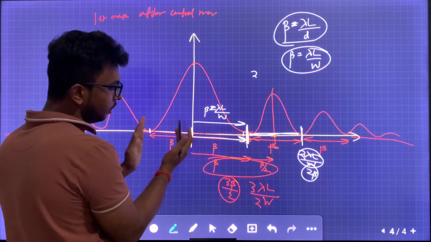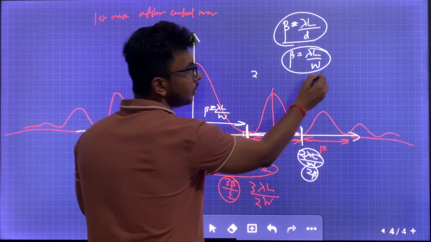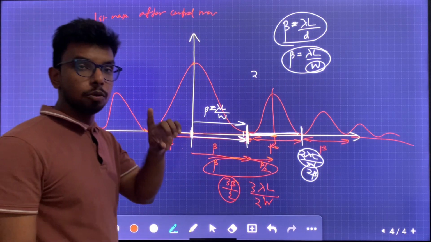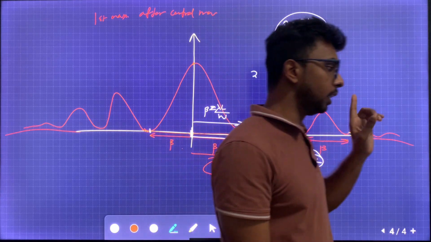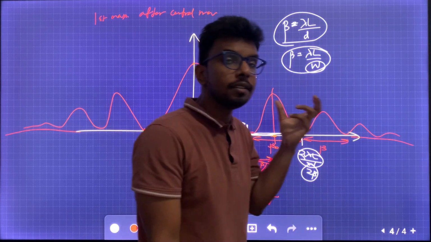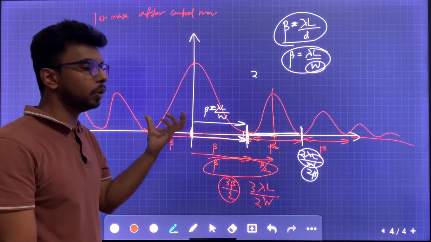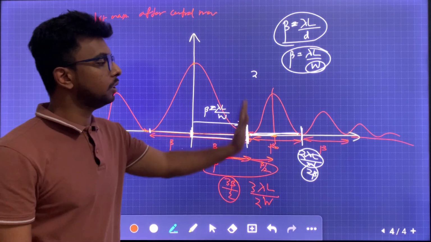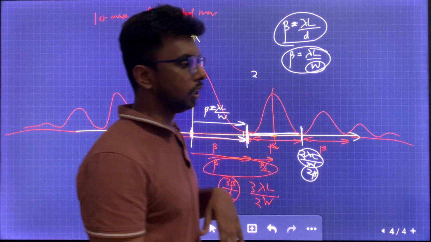Then the central maxima will broaden because the width is in the denominator. So try solving these questions, like the questions which we have discussed before from that particular worksheet, and then solve it using this. The visualization of these graphs is very important. If you once get that, then solving the question becomes very easy. 0th, 1st, 2nd, and keep going. Accordingly, you can find it out.